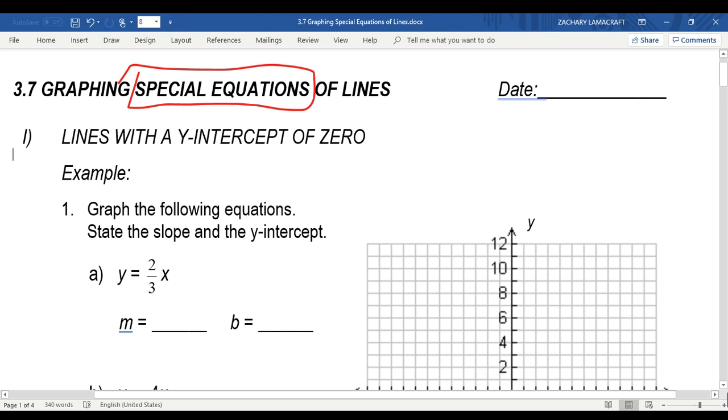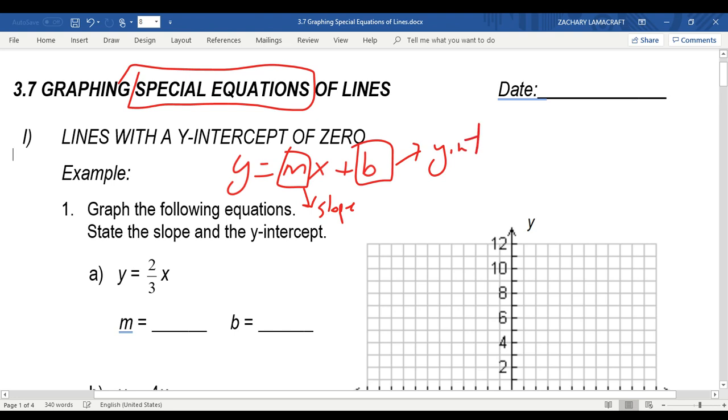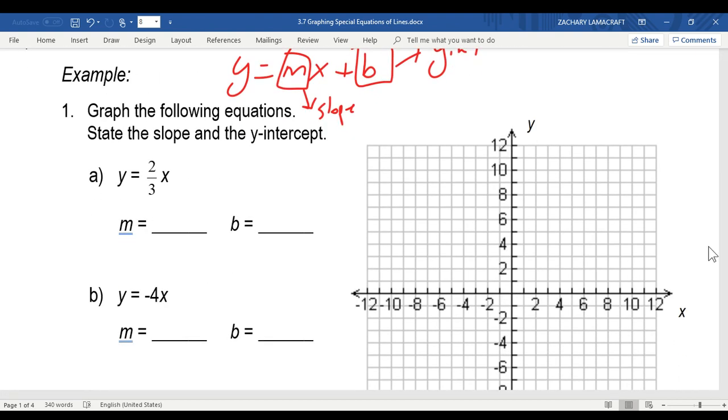So in this case, again, we know that y equals mx plus b, knowing that m being our slope, b being our y-intercept, but it says a y-intercept of 0. So you'll notice it says state the slope and y-intercept of the following examples here, okay?